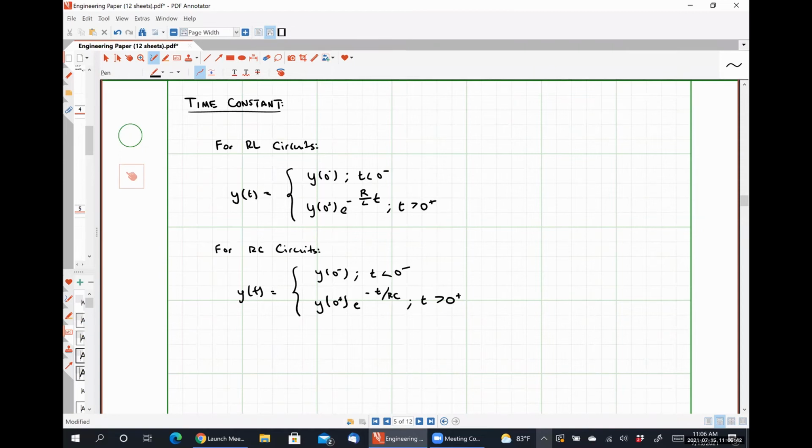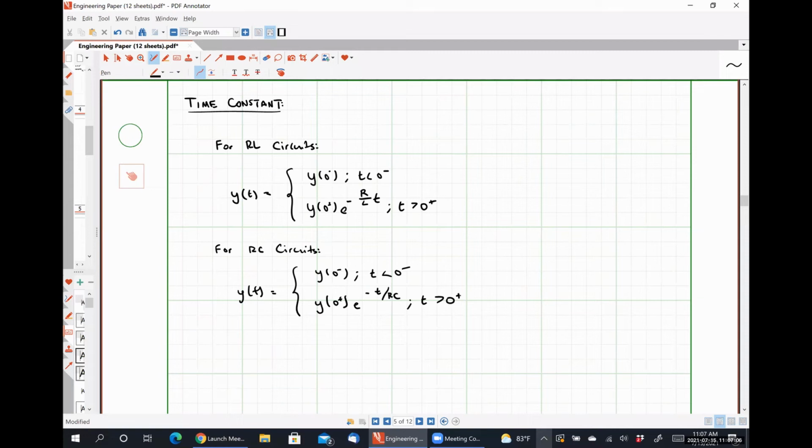So hopefully it's fairly obvious that these two general equations for the response of an RC circuit and an RL circuit are extremely similar to each other. The only difference between the two of them is the factor that's multiplying time in the exponential function. Okay.